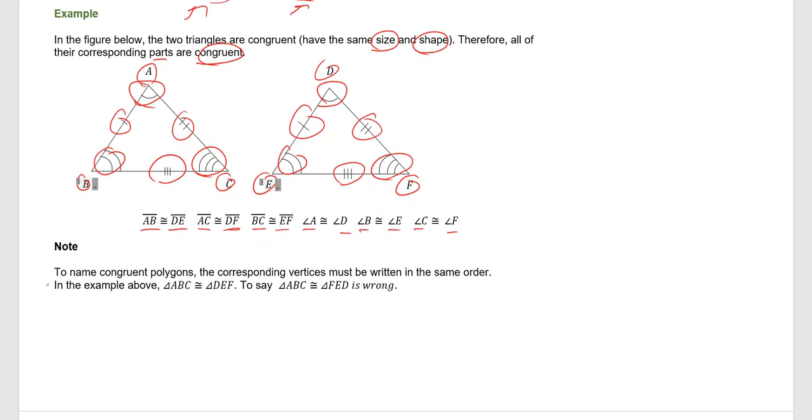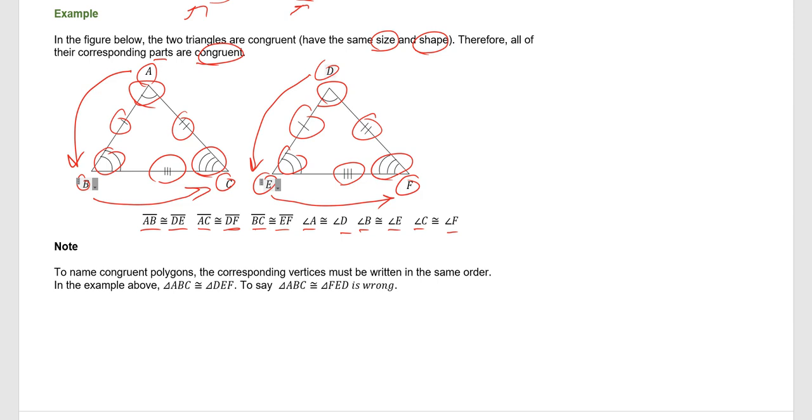And just something to note, to name congruent polygons, the corresponding vertices must be written in the same order. So in the example above, when we want to say that the two triangles are congruent, we have to say triangle ABC is congruent to triangle DEF. Okay? If we name this triangle ABC, then we have to name this triangle DEF.